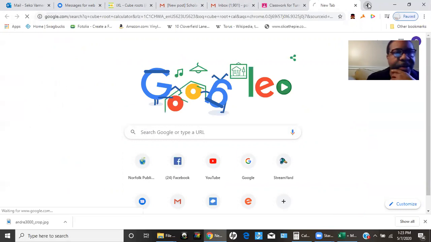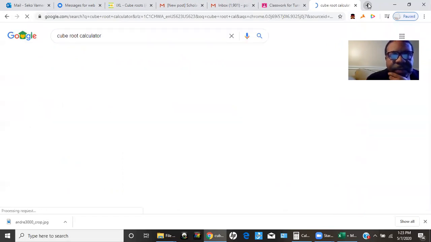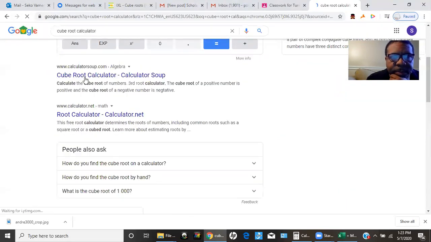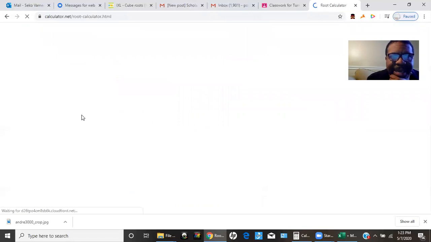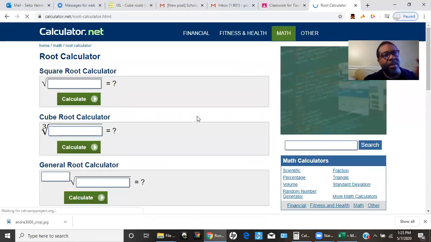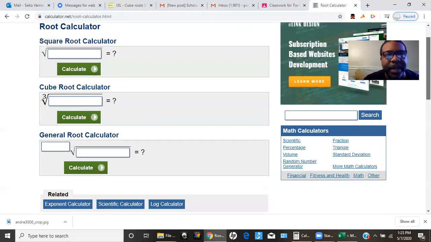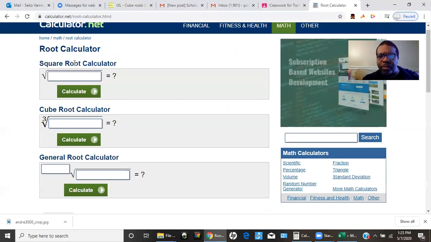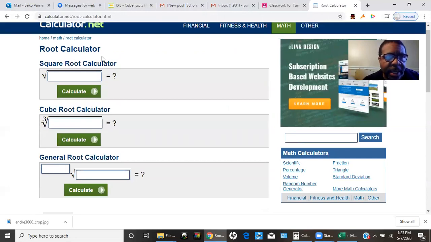Cube root calculator. I've seen it online. I've used it with a couple of students. Not that one. Root calculator. Is this the one that we use? I think so. Yes, I like this one. This one is super duper easy. All right. So if you're using square root, which is the 2, then you use this one. If you're using cube root, you can use this one.